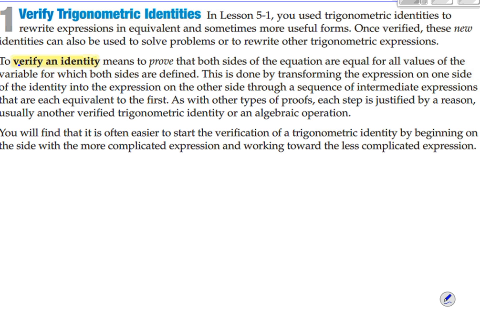So to verify an identity means to prove that both sides are equal for all values of the variable for which both sides are defined. So it is within the parameters of it being defined. So that is one thing to keep in mind. A huge rule in this is you can never cross the equal sign. And that's what makes this so much different than solving an equation.